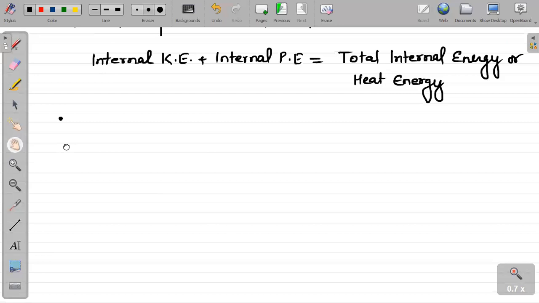Thus, evaporation differs from boiling. Boiling is at a fixed temperature, while evaporation takes place at all temperature. The second difference is boiling takes place throughout the bulk, whereas evaporation takes place only at the surface.